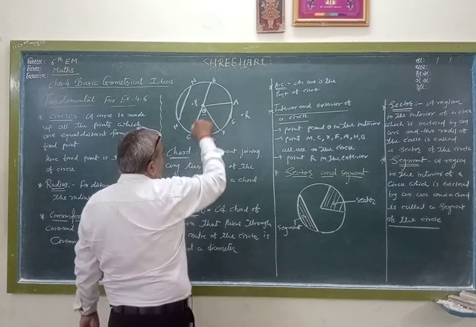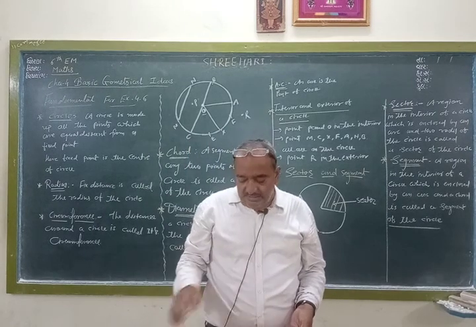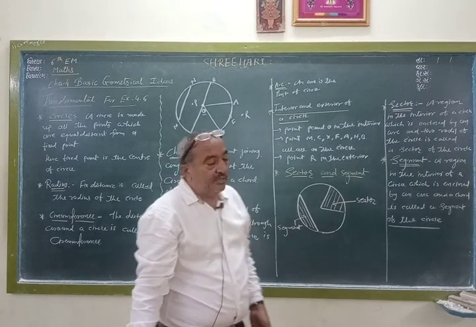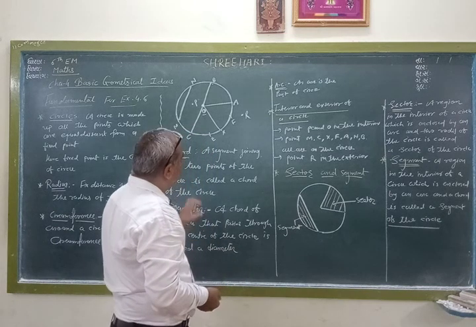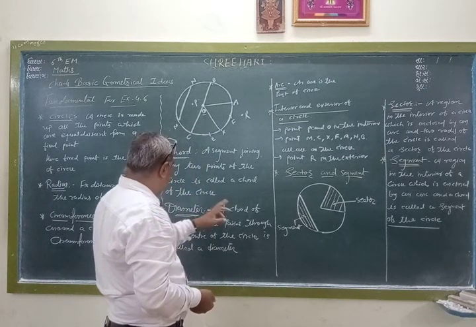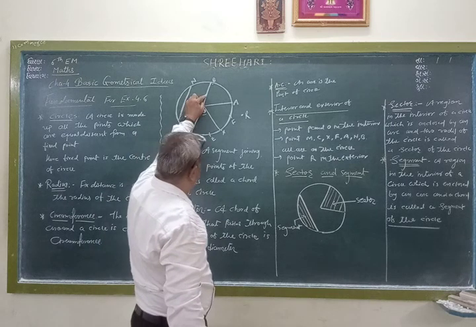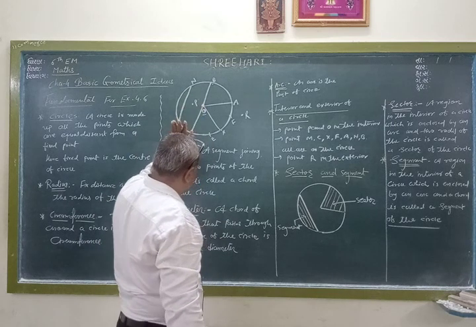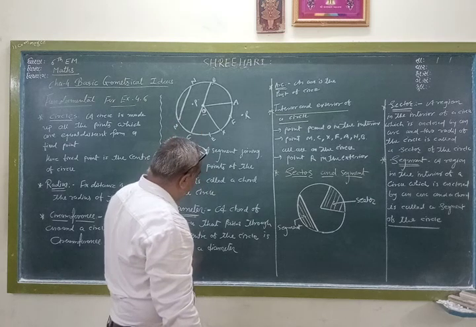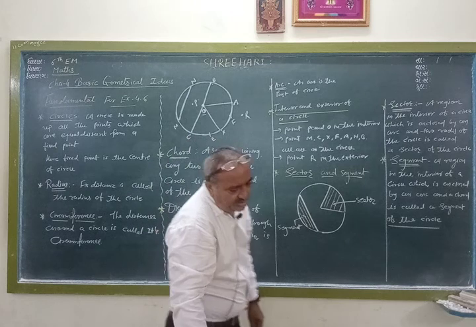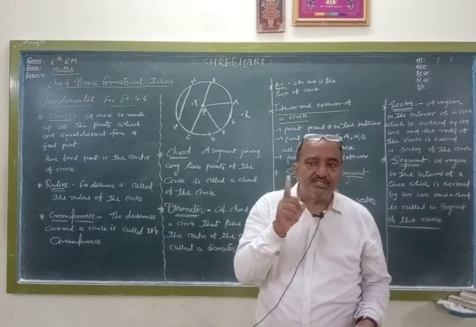So it is the biggest chord of the circle and it is known as the diameter. What is the definition of diameter? A chord of a circle that passes through the center of the circle is called a diameter of the circle. Another definition of diameter is the biggest chord.